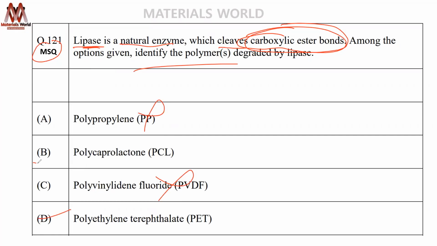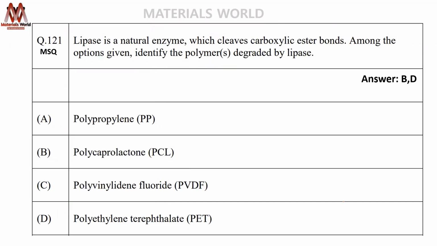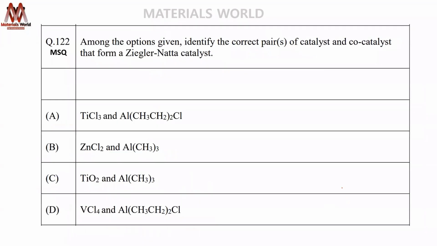PET is a polyester and PCL is a polyester. Both have ester linkage, which means both will be cleaved by the enzyme. Both will be degraded by the enzyme. So B and D is the answer. You cannot write only B or only PET. Okay, B and D.